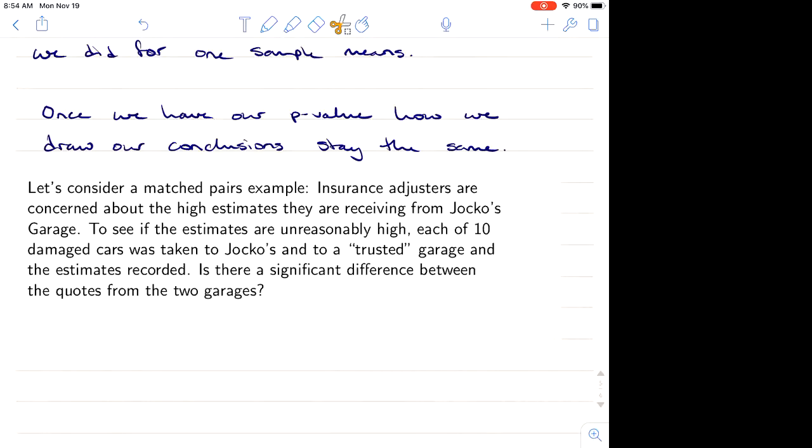We would probably want to test something like, are Jocko's estimates higher than the trusted garage? Just reading this question, that's what we want to test. But in order to make sure that you have not equal to in your alternative hypothesis, that's why I have to ask, is there just a significant difference between these two garages? Okay. And so let's have a look at our data here.